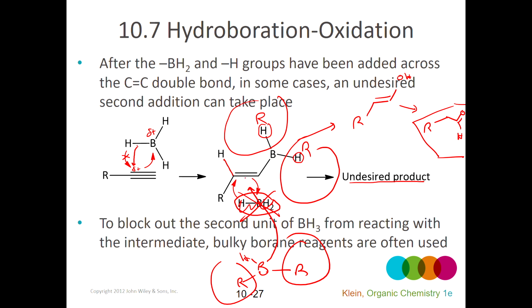We don't want two BH bonds to add across both pi bonds. We only want one BH to add across one pi bond. Then we want to replace that carbon boron with carbon oxygen, and then let the base catalyze the enol being tautomerized to produce the ketone or aldehyde that is the desired product.